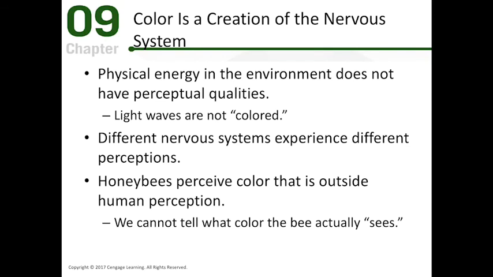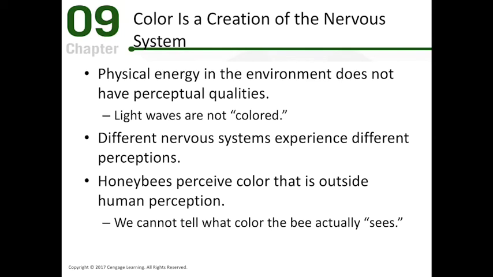Now, the final thing that I want to cover in this chapter is the idea that everything that we experience, all of our perceptual experiences, are really shaped and created by our nervous system. We know that light waves are not colored. Physical energy in the environment doesn't have these perceptual qualities that we are experiencing.